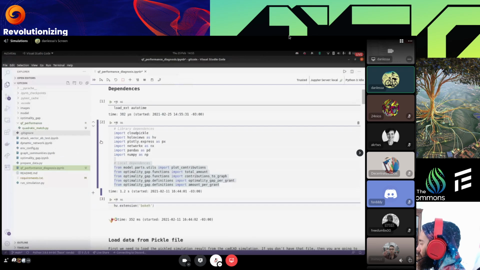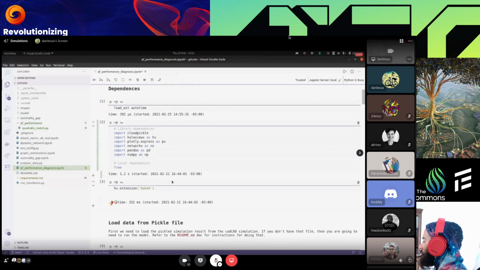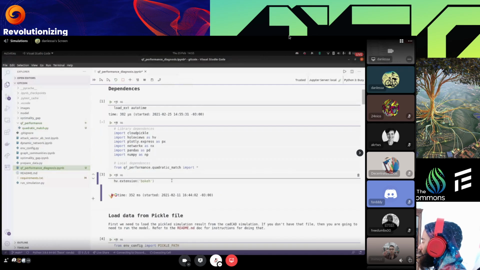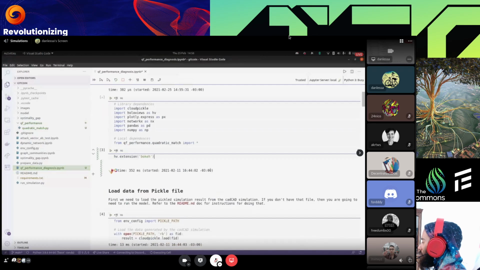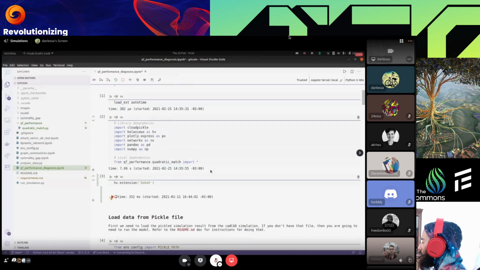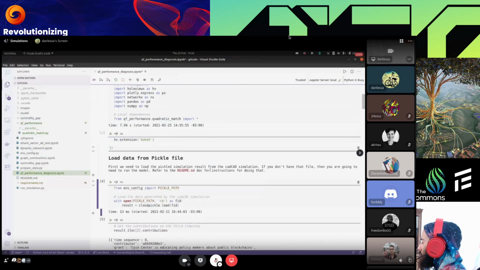I also need to change what I'm importing here. So instead of importing the optimality gap one, I'm going to import the CAF performance. Okay.